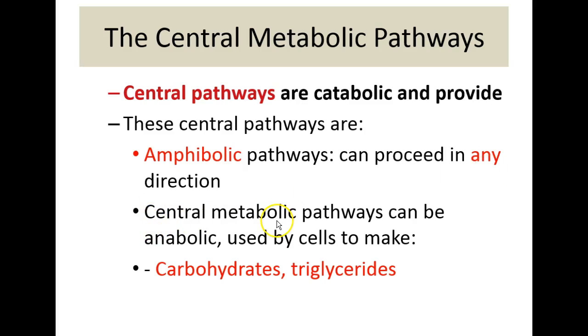These central metabolic pathways can also be anabolic if the pathways are reversed. When used as anabolic pathways, glycolysis and the tricarboxylic acid cycle or Krebs cycle will provide large molecules like carbohydrates and triglycerides.